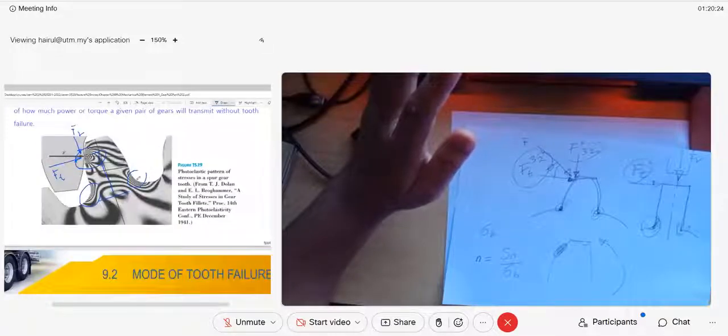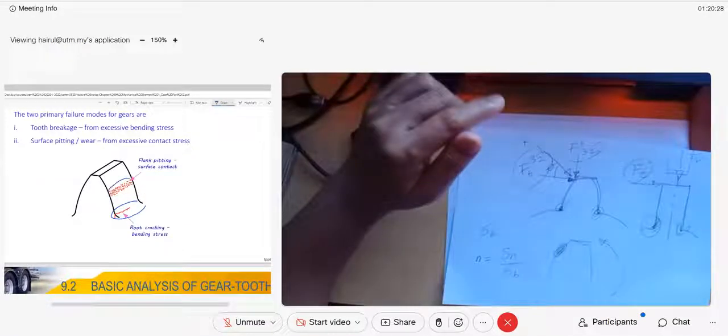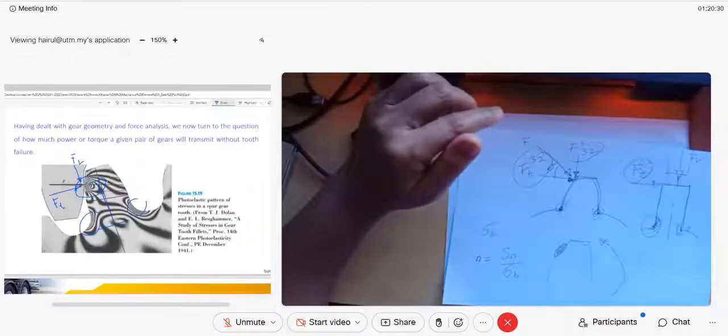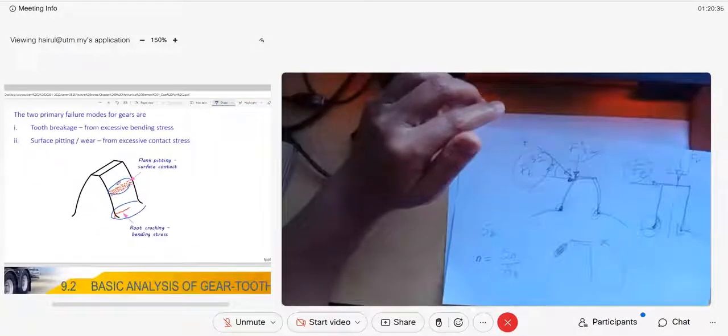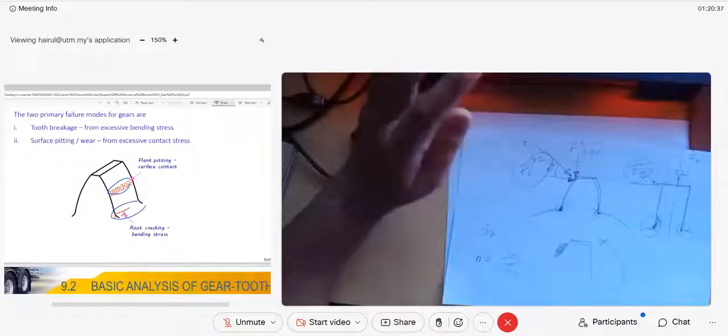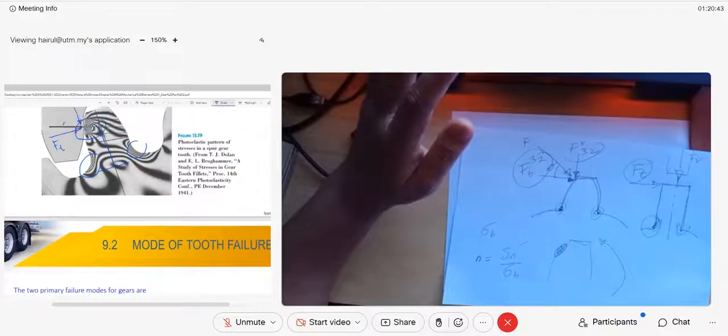The other is surface pitting, at the top surface where the impact is, with its stress concentration factor. That is part 2 in your lecture, where we also have to calculate surface stress. But now we go for bending stress, which causes breakage at the root, at the shoulder.